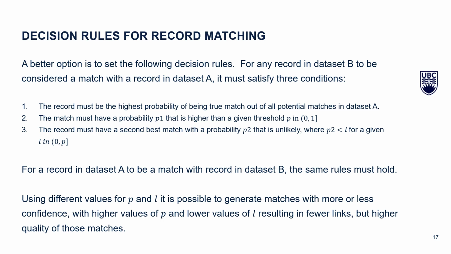Higher levels of P and lower values of L will result in fewer links, but those matches may be of higher quality, which may decrease our false positive matches. Conversely, lower levels of P and higher values of L will result in some matches having a lower probability of being a true match, but more overall matches, which may decrease our false negative matches.